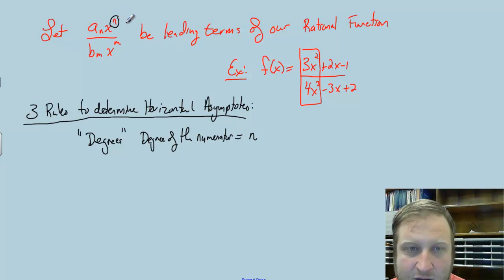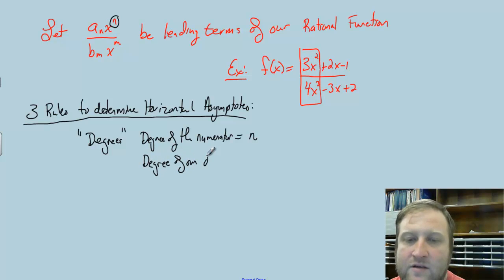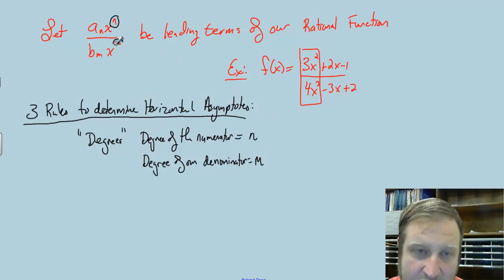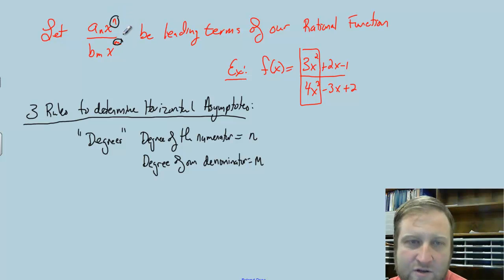The degree of our denominator equals m, which is this right here. So these are our degrees.